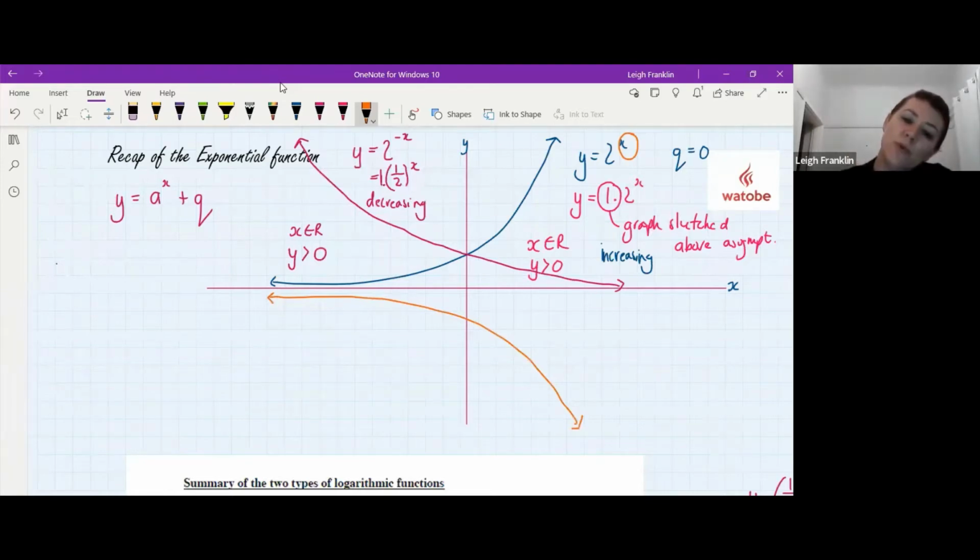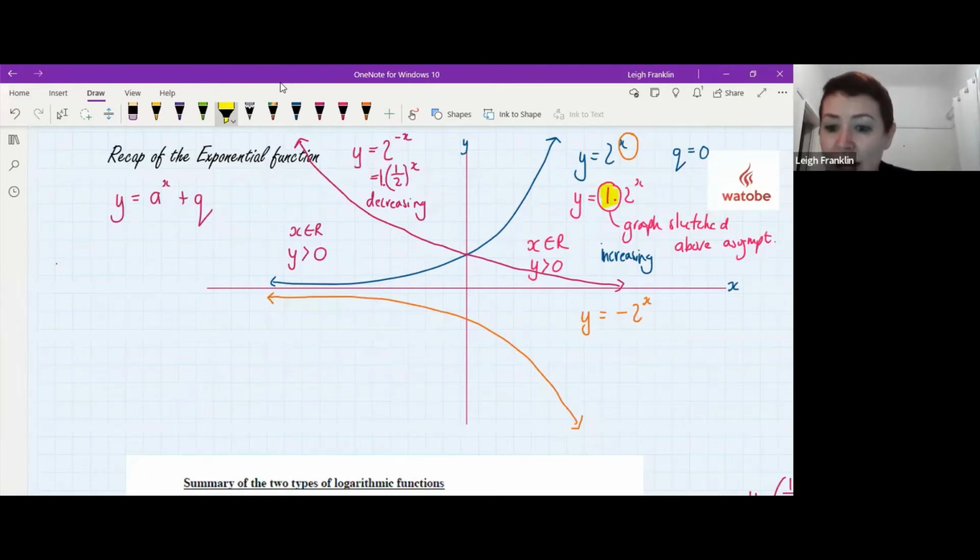What happens when we reflect over the x-axis, grade 12s? Y changes sign. So this graph that was y equals 2 to the x, now y has changed sign. You would be forgiven for thinking that that means that the base is negative. It's not. It's this value of a that I was talking about. That's what's changed sign.